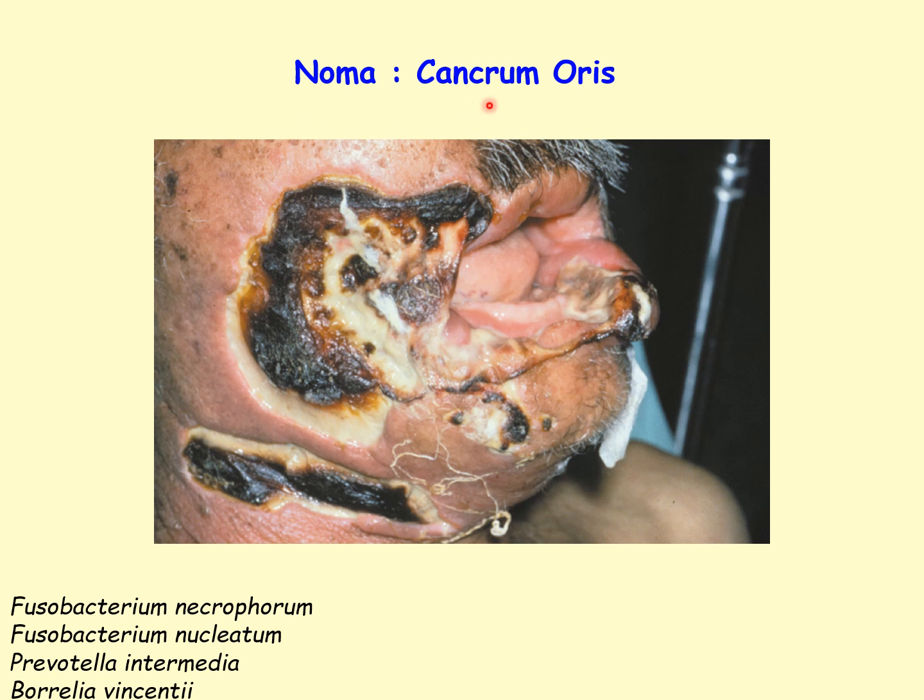Now, you are unlikely to see Cancrum oris or Noma in the UK. It's mainly seen in African countries amongst children who are severely malnourished or immunocompromised.